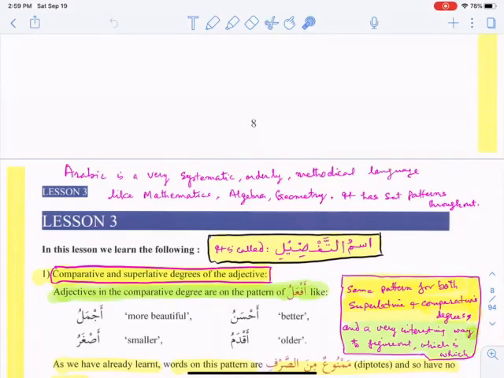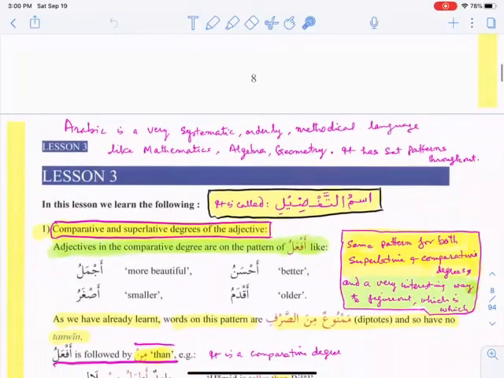In this lesson, we learned the following: comparative and superlative degree of the adjective. It is called ismu tafdil. Just remember, ismu tafdil. It's very important. Adjectives in the comparative degrees are on the pattern of af'alu.